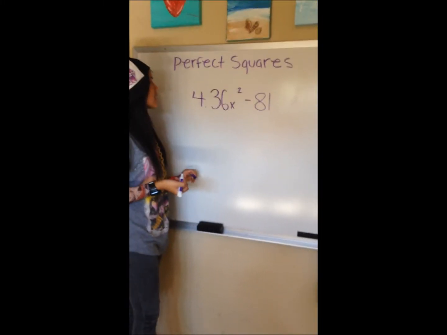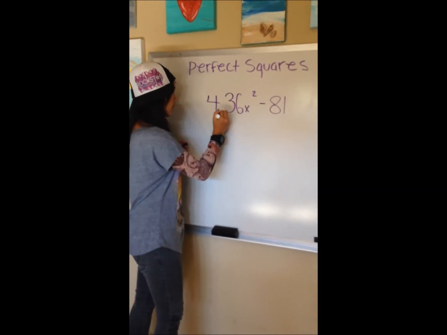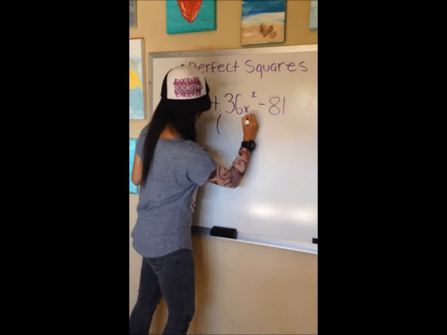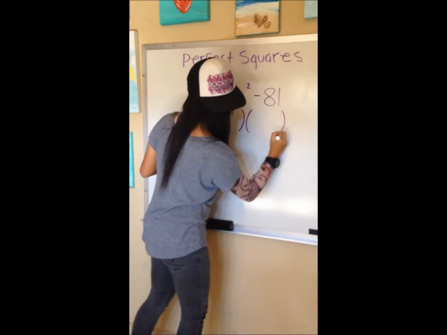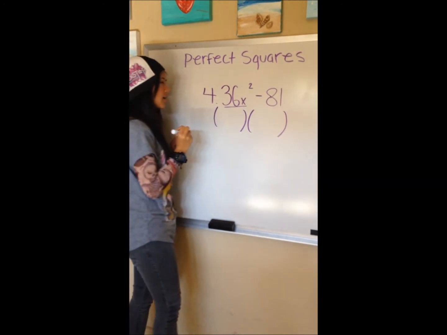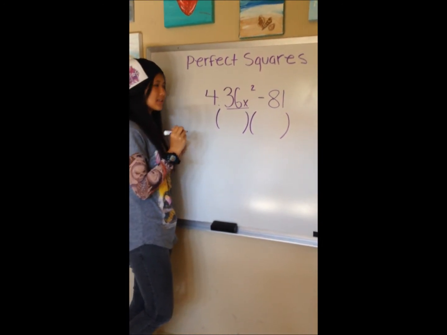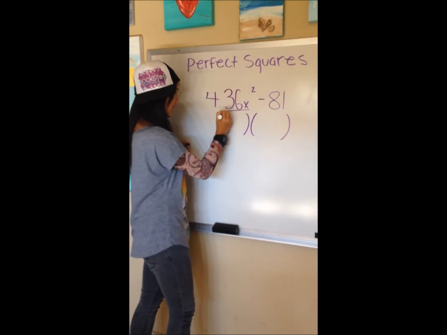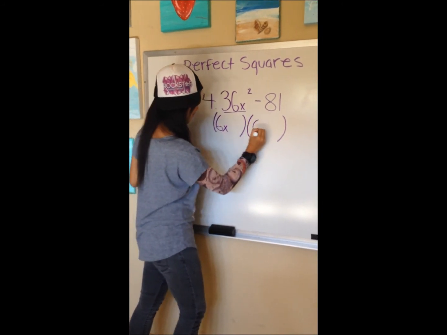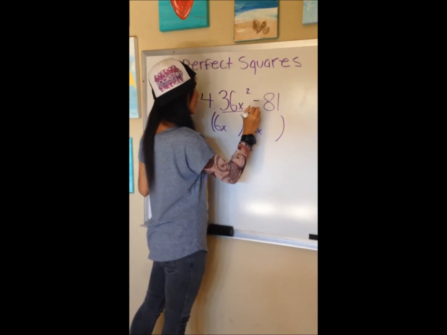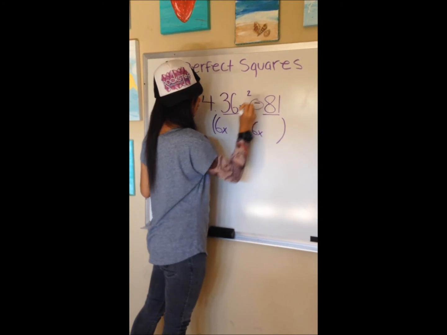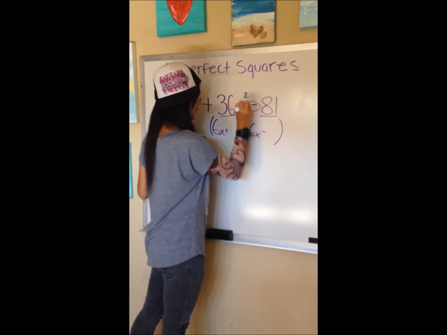So what we have here is another perfect square equation. So we're going to put down our parentheses. For 36x squared, 6x times 6x equals 36x squared, so we're going to put that in. And then for negative 81, since it's a negative, we have to put positive and negative.